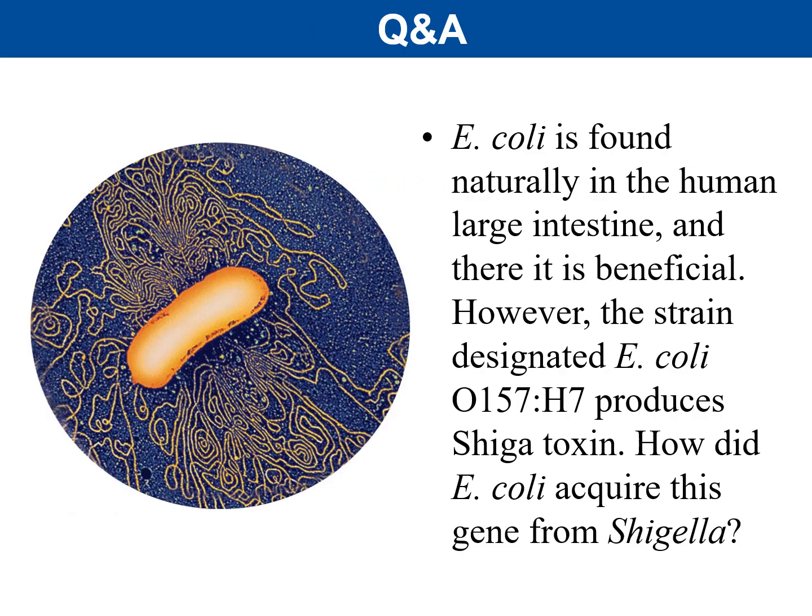All right, so one thought question that came from our book asks, E. coli, which we know is found naturally in the human large intestine, is a part of our normal flora. It's beneficial, but we know that there are dangerous strains of E. coli.